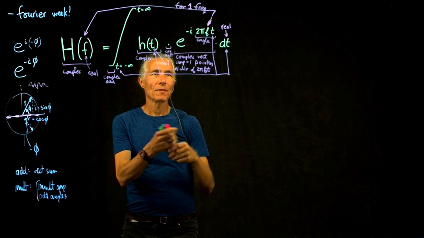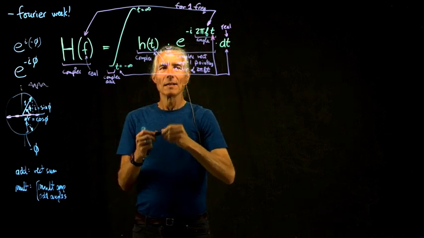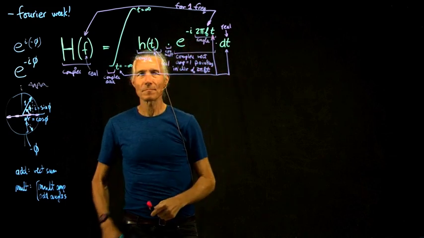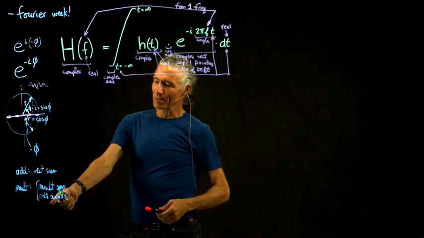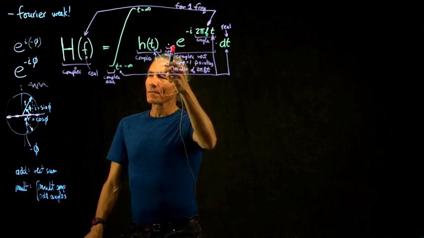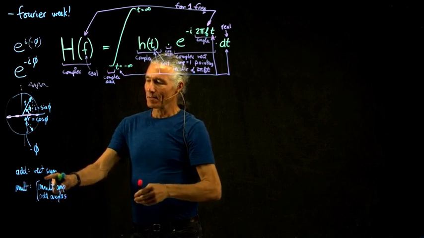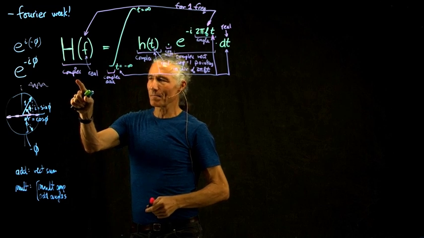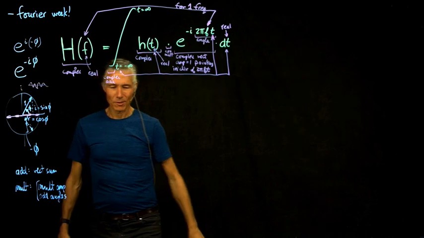So the angle of this thing is going to change for each different time point, and you complex multiply them, multiplying amplitude and adding angles, and then you add up the whole mess. And what is that? That's vector sum, so you sum up all those vectors, and then you get one complex number for a particular frequency.